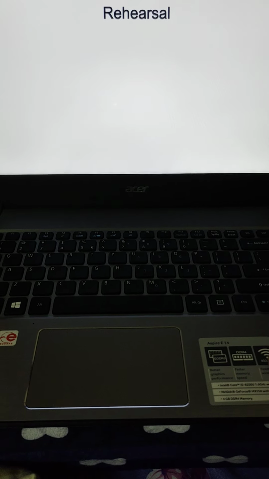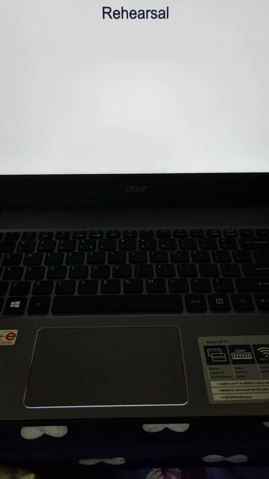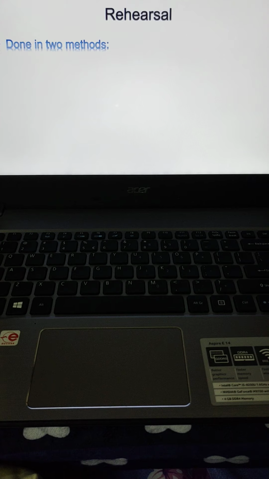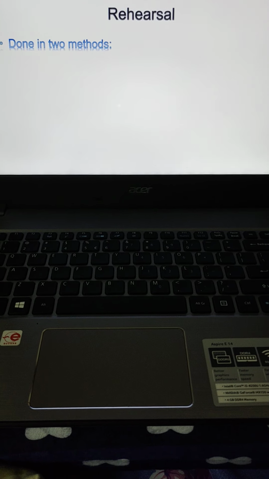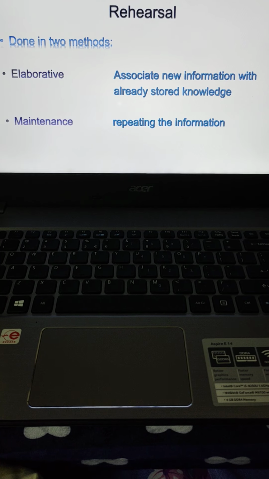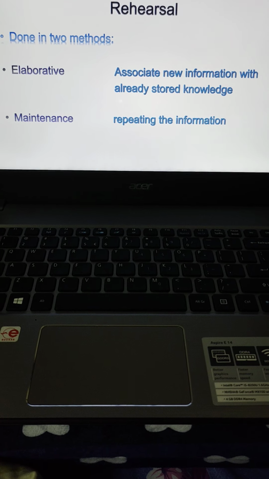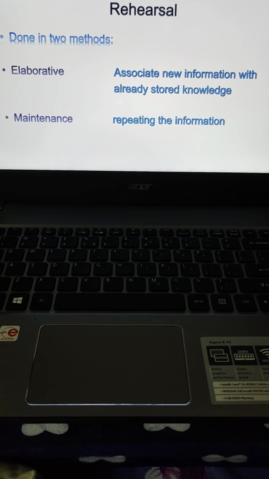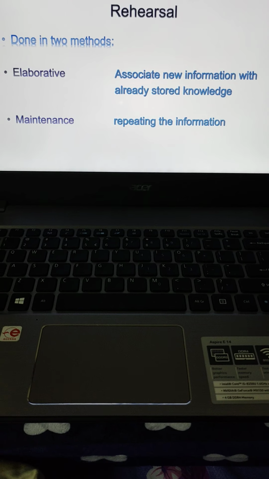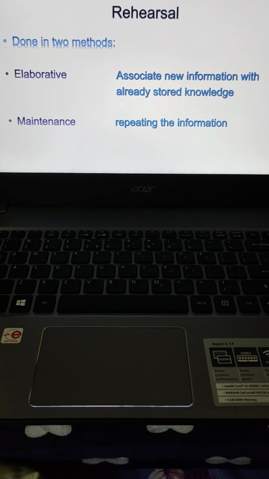Rehearsal. What can we understand from rehearsal? Rehearsal can be done in two methods. The first method will be elaborative and the second one will be maintenance. Elaborative refers to associating new information with already stored knowledge.